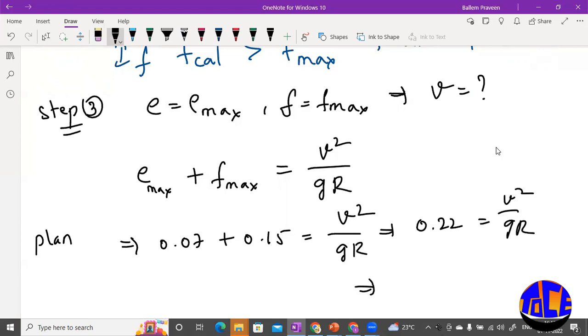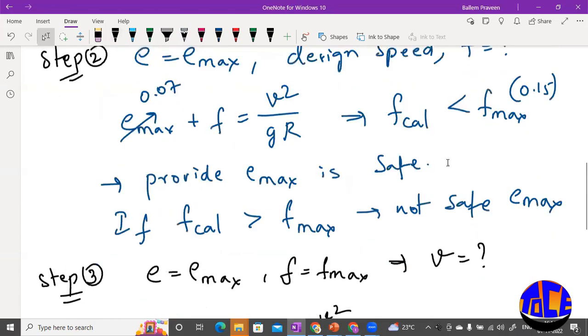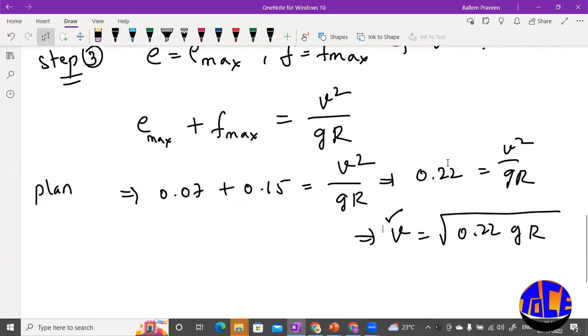If you simplify this again, V square is equal to 0.22 GR, so V is the square root of 0.22 GR. This is the speed you have to provide on the road if both step 1 and step 2 are not satisfied, and you have to go for step 3.